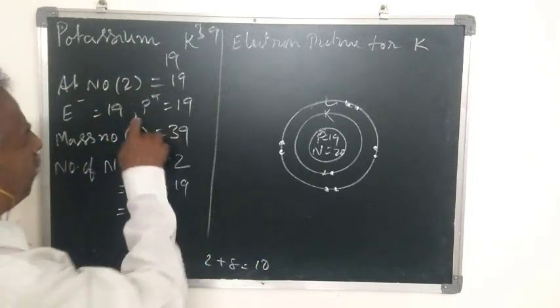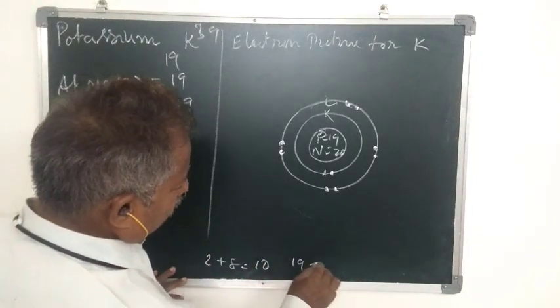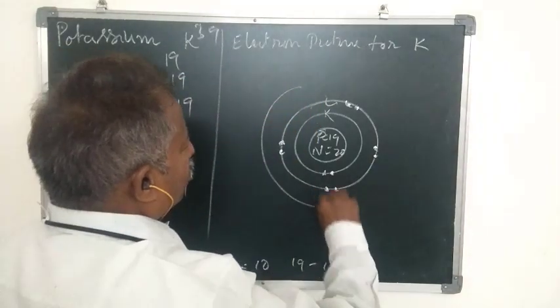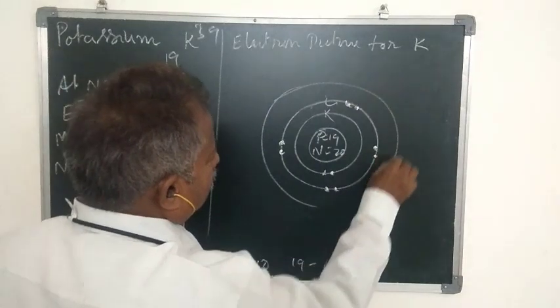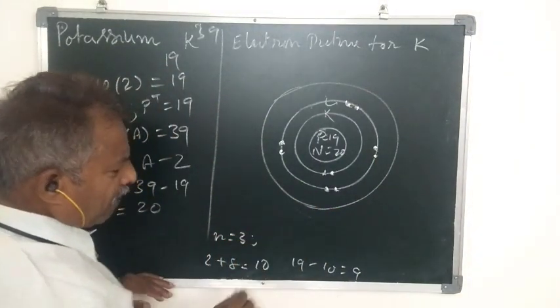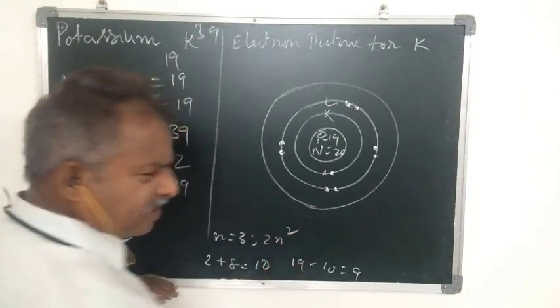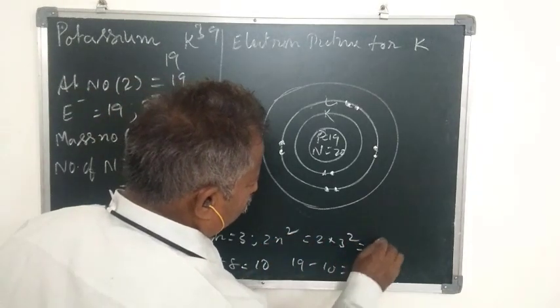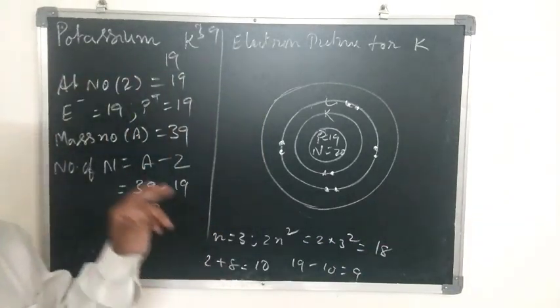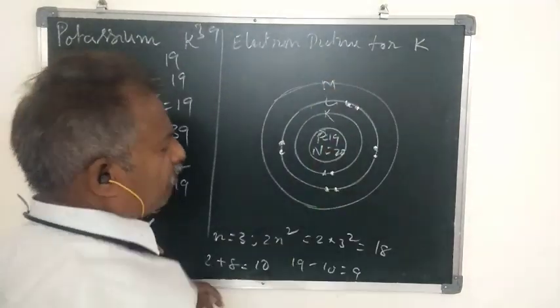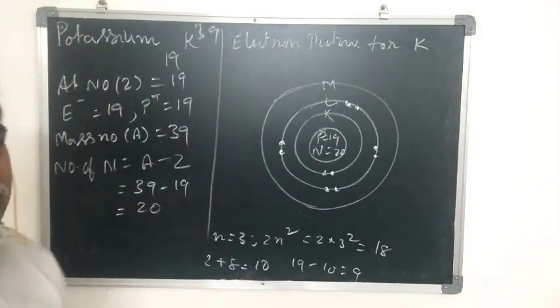But totally how many electrons are there? 19. 19 minus 10, still 9 electrons are there. So this 9 electrons. Now see, n equal to 3. Maximum number of electrons is given by 2n square. That is 2 into 3 square equal to 18 electrons. So, M shell can accommodate a maximum of 18 electrons.